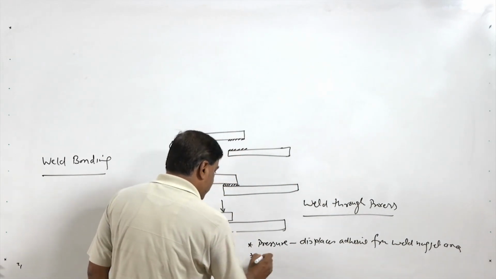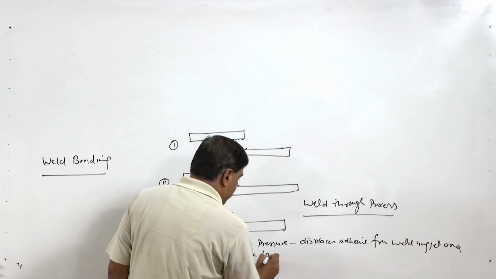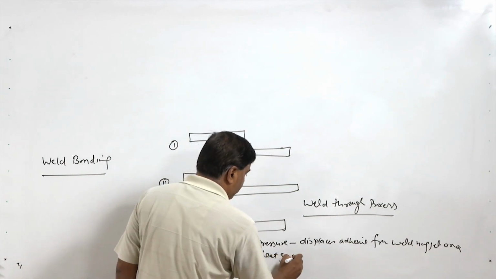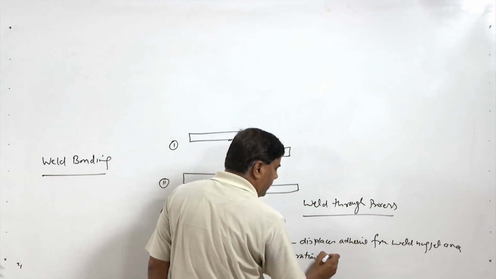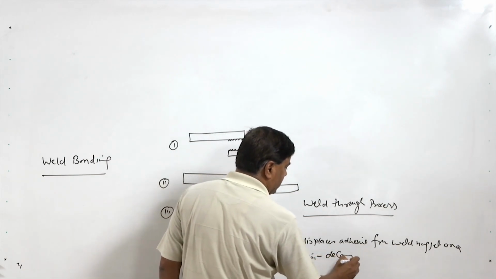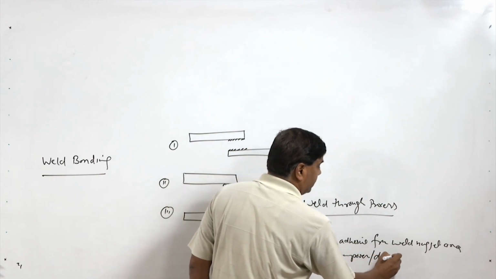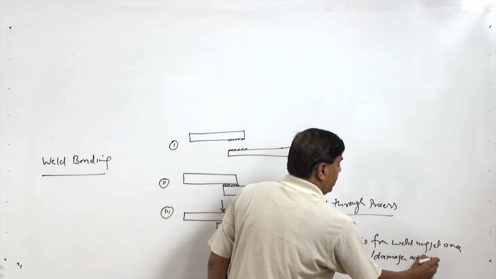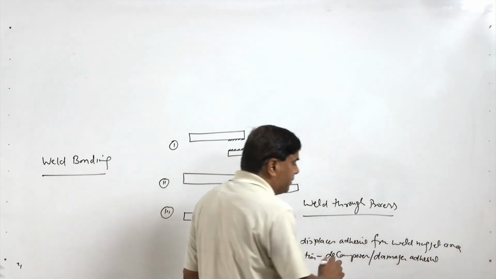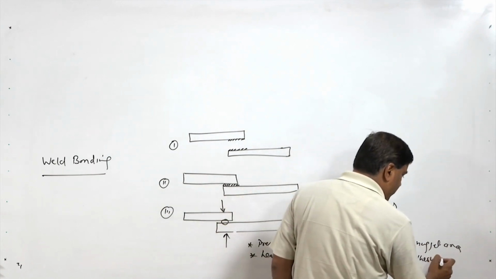Two, even if something is left all around the weld nugget area, the heat generated decomposes or damages the adhesive present in the vicinity of the weld nugget.